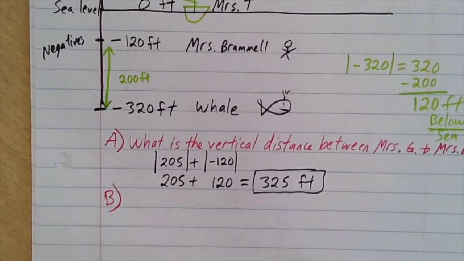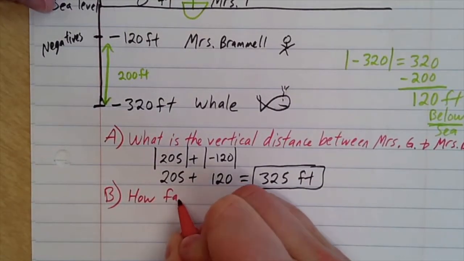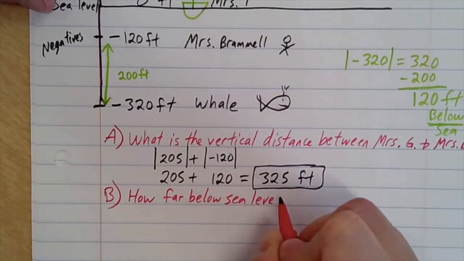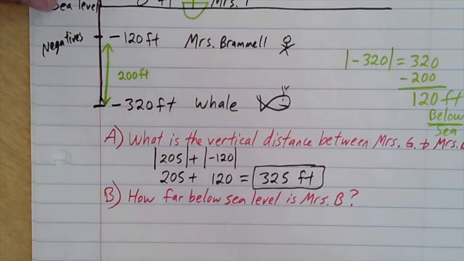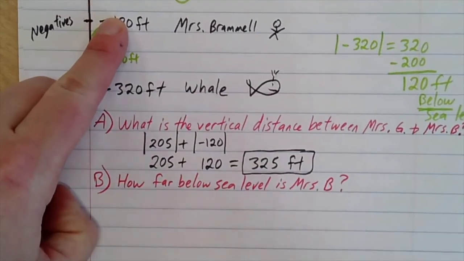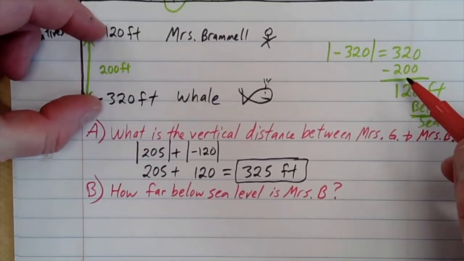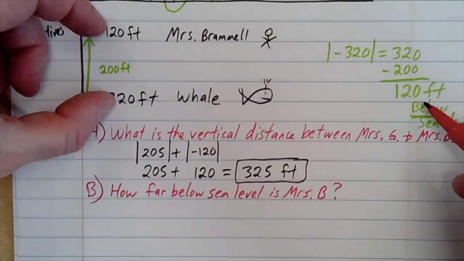How far below sea level is Mrs. Bramwell? I think we already answered that. How far below sea level is Mrs. B? We drew that I had to be 200 above the whale, so when we did that subtracting, because we were both on the same side of 0, both in the negatives, you subtract their differences. I was at 120 feet below sea level.